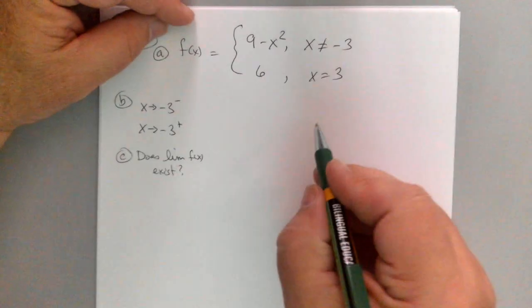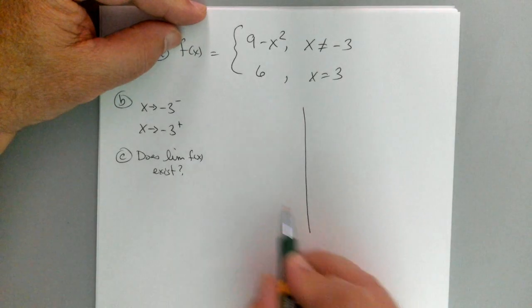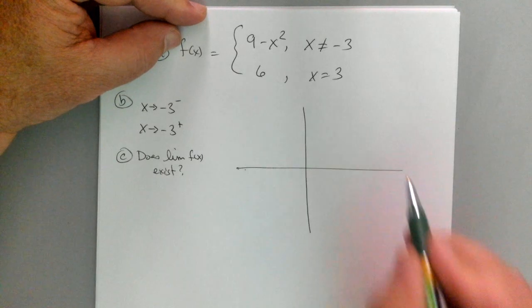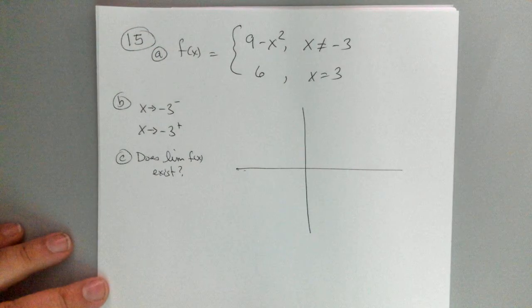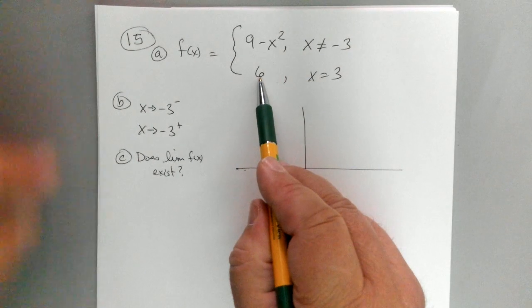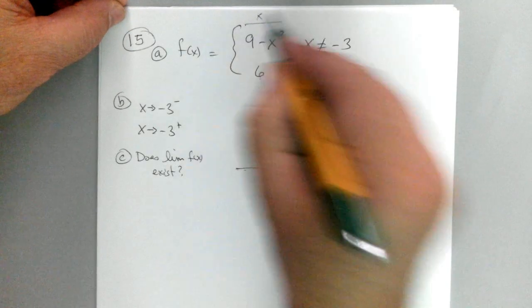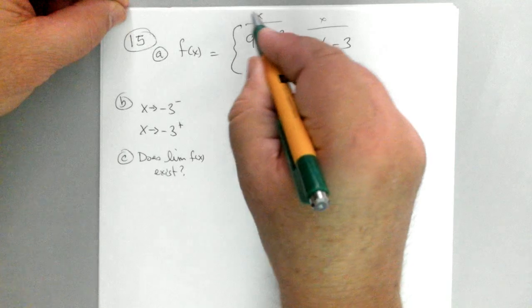The first thing you have to do is look at the graph. Can you tell me about the graph? We know that these are my x values, these are my f of x values.